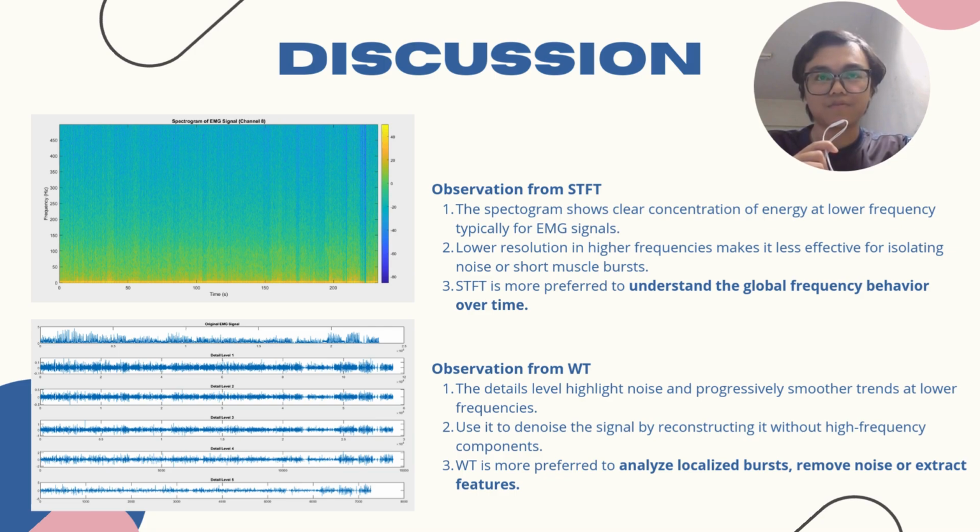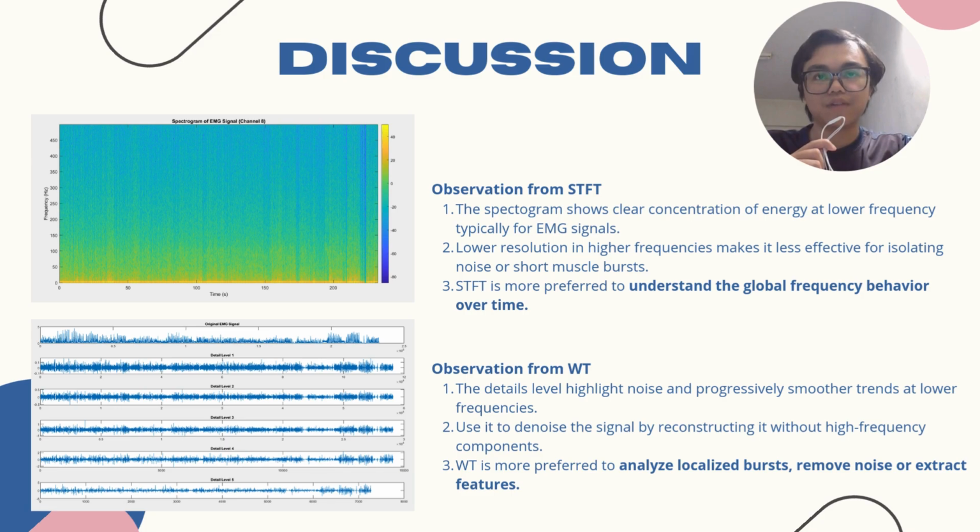The spectrogram shows a clear concentration of yellow on lower frequency, which means high energy at low frequency, which is typical for EMG signals. Lower resolution in high frequency makes it less effective for isolating noise and also short muscle bursts. STFT is more preferred to understand the whole behavior of the raw data over time.